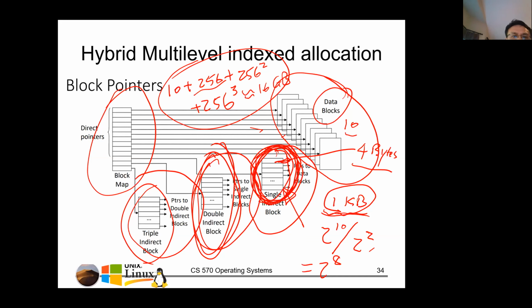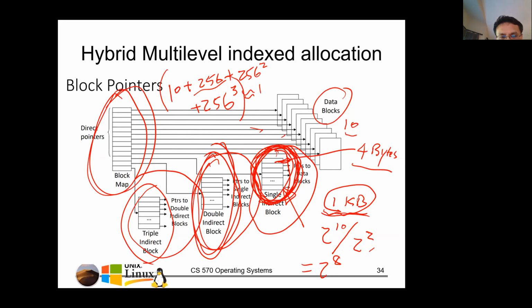So actually, give me 1 second. Okay, actually this whole number, sorry, that's not quite accurate. So 10 plus 256 plus 256 squared plus 256 cubed equals the total number of blocks that this scheme describes.